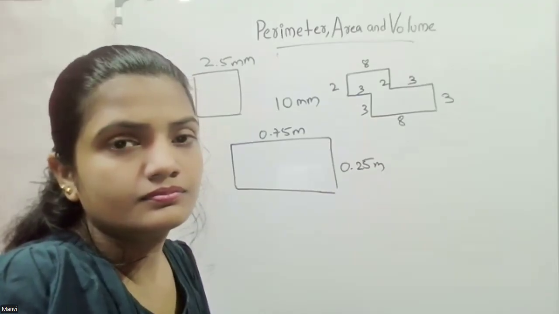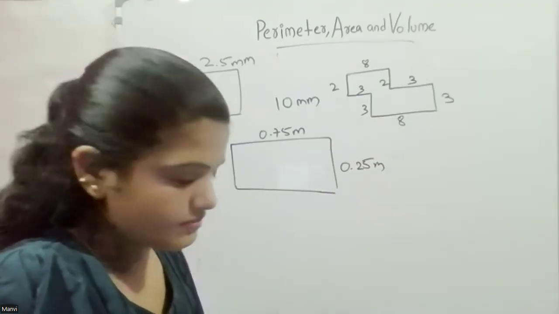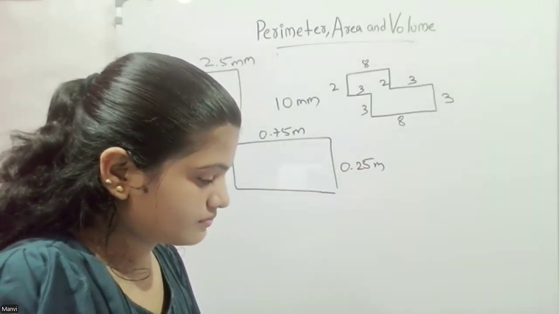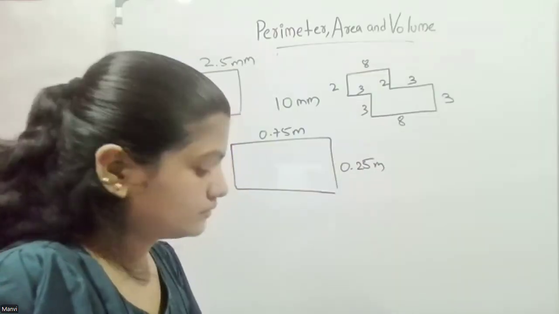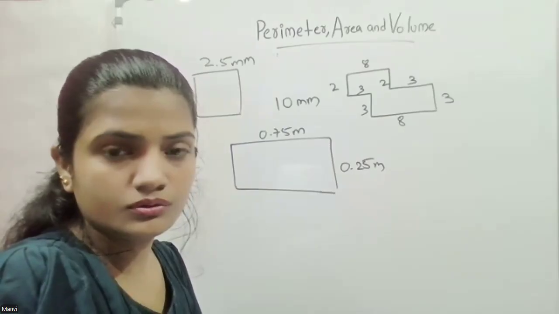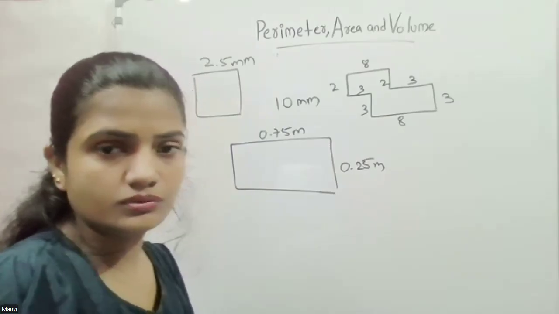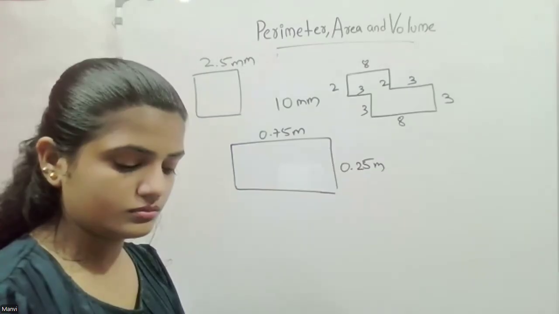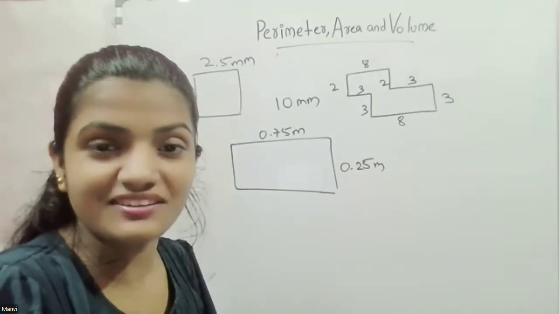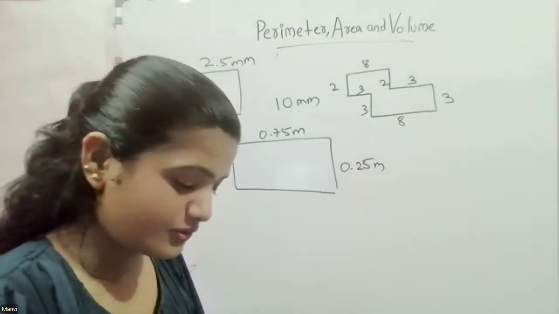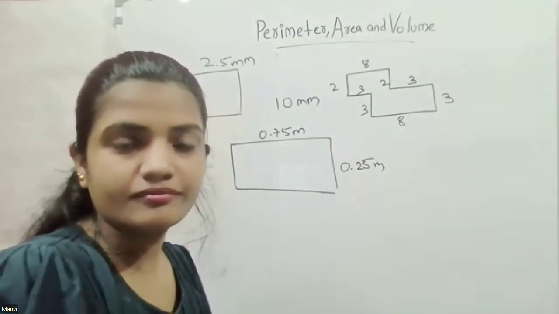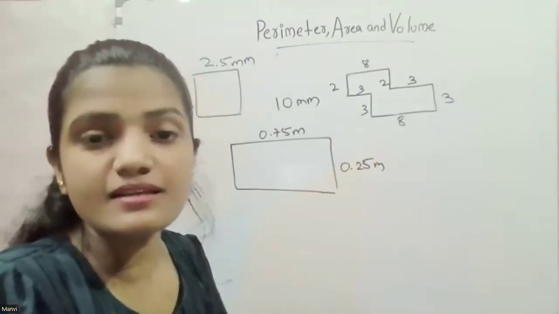I'm thinking of a fast method. 12, 4, 16, 32. Sorry, I didn't calculate it. So the perimeter of the shape is 32.